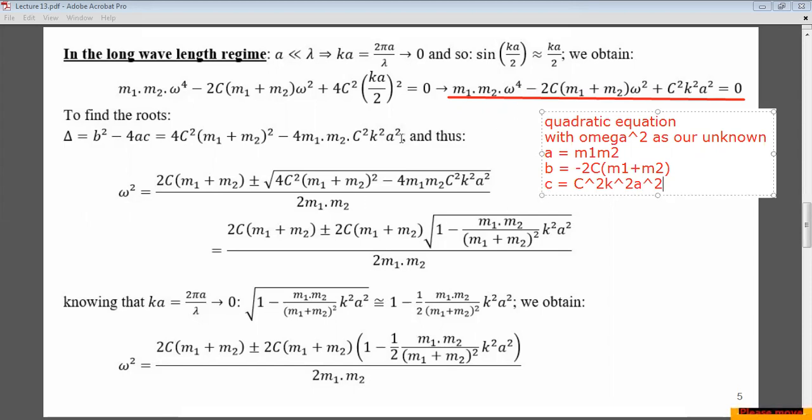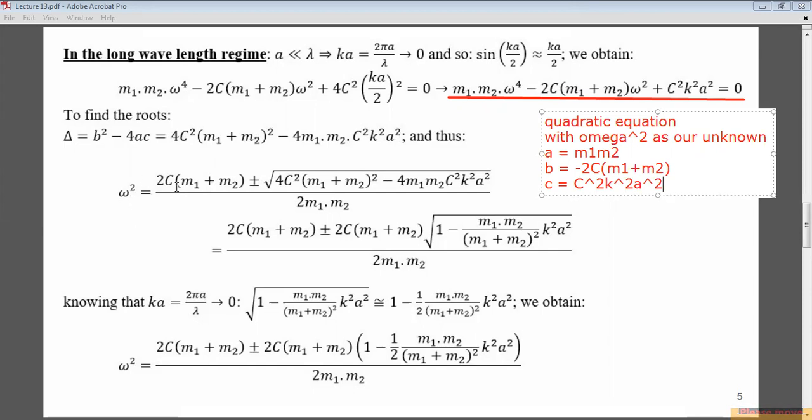In order to solve this quadratic equation, we first find delta, and delta is b square minus 4ac. So if I put this b square minus 4ac, I will get this delta. And now what are the solutions?